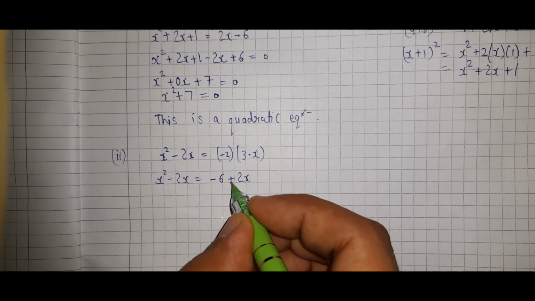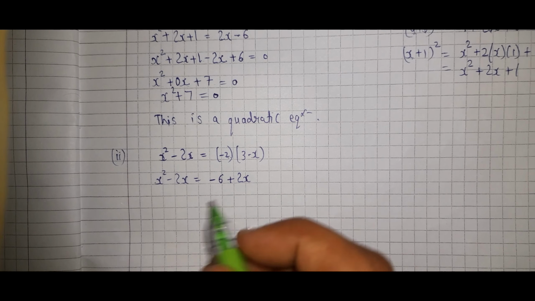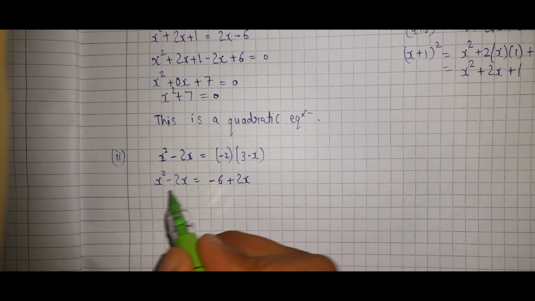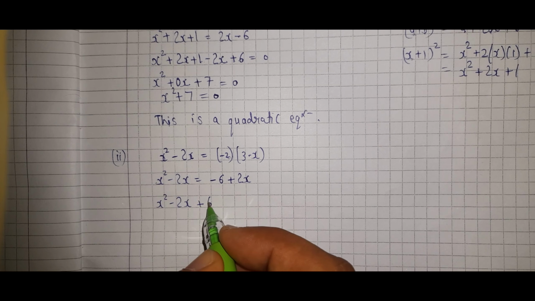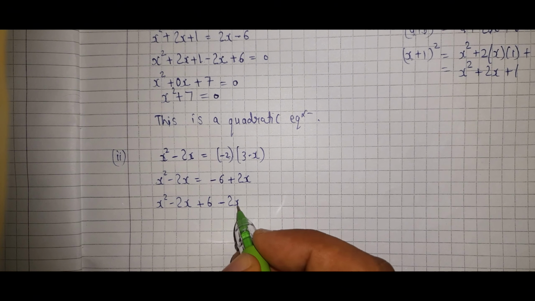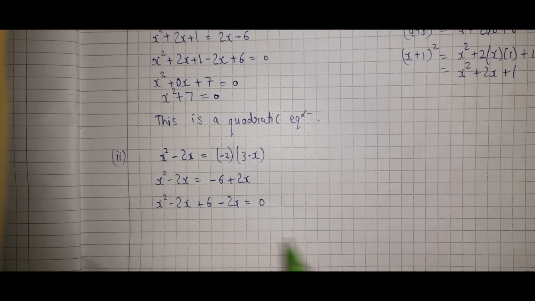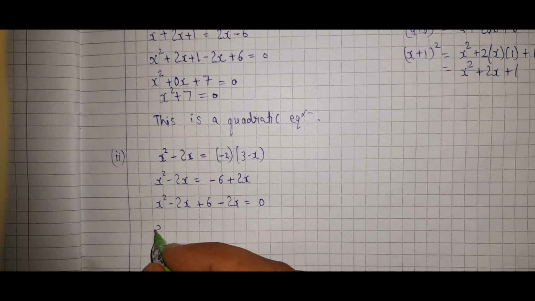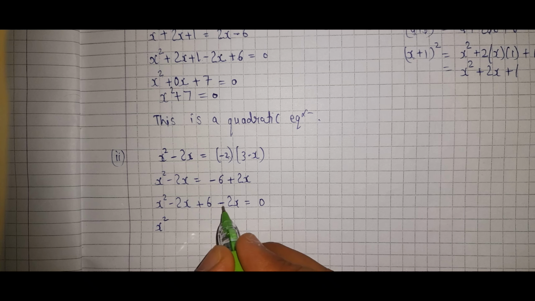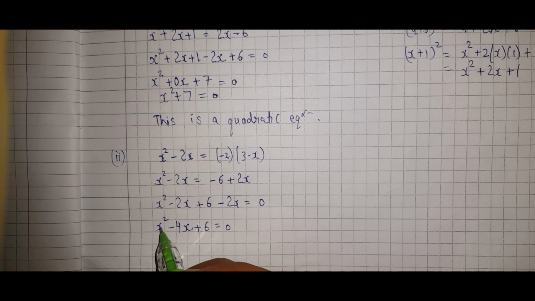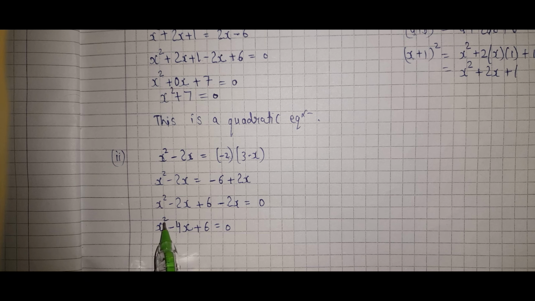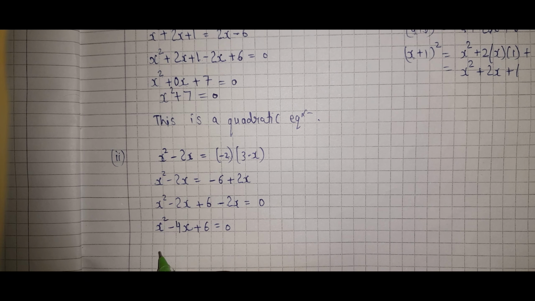Now taking all these to the left hand side, it will become plus 6 and minus 2x. Right hand side becomes 0. x square as it is, minus 2 minus 2, that is minus 4, plus 6 equals to 0. This equation is equation with degree 2, so it's a quadratic equation.